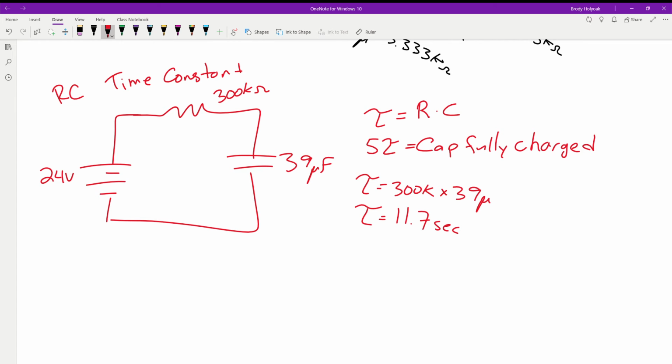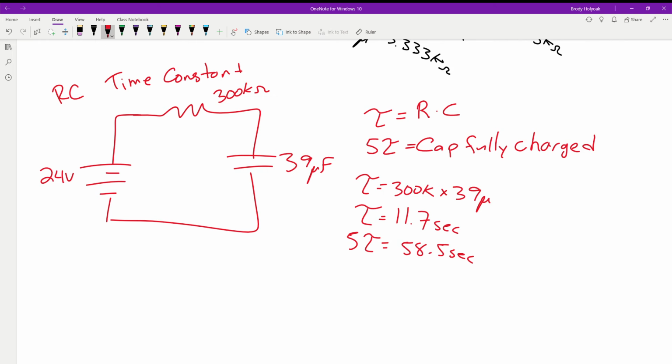So it's going to take 5 of these periods to fully charge a capacitor. So 5 tau is going to be 58.5 seconds.